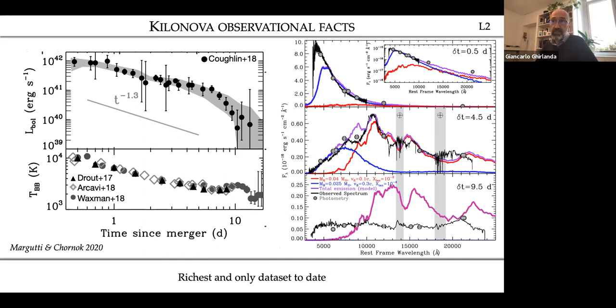The bolometric light curve, which is shown here, has a slope, decaying as a function of time, with a slope which is consistent with t to the minus 1.3.